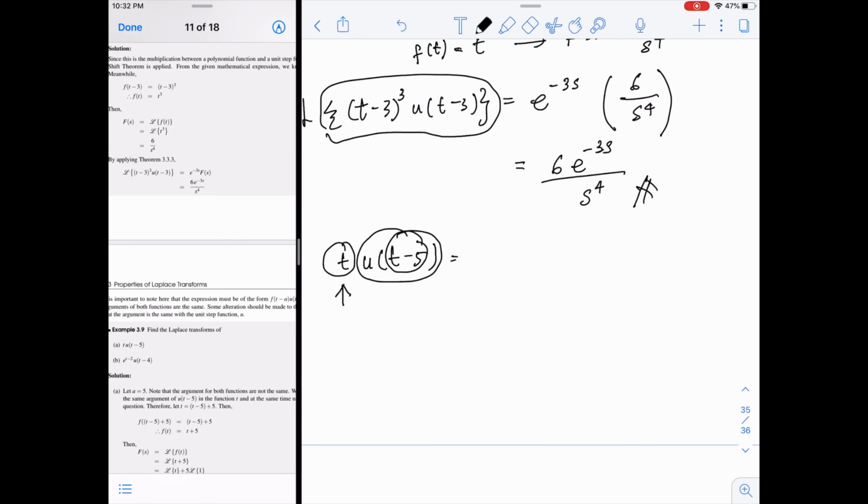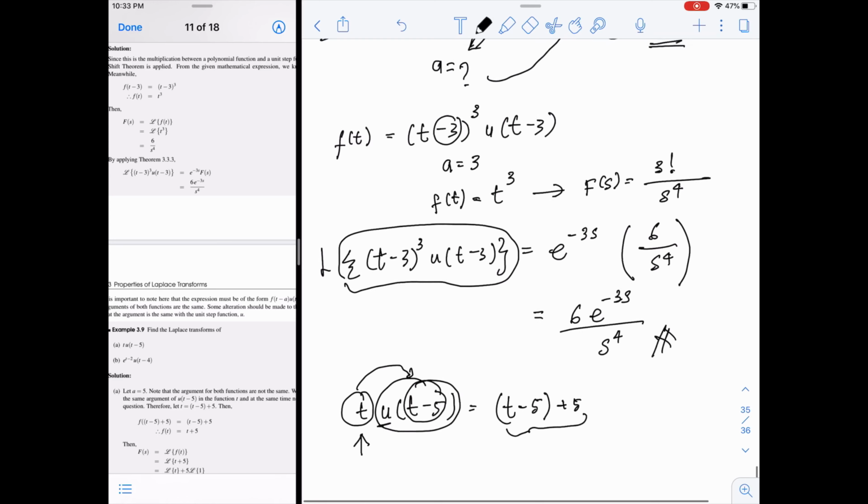So what you need to do is mix the t with minus 5 so that it is similar to this one. So how to make it similar? You have t over here, so you just put minus 5 so that it is similar to the u over here, and since u has minus 5, you need to plus 5 over here.